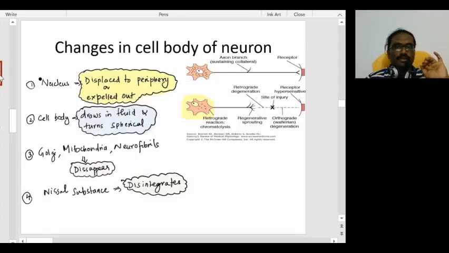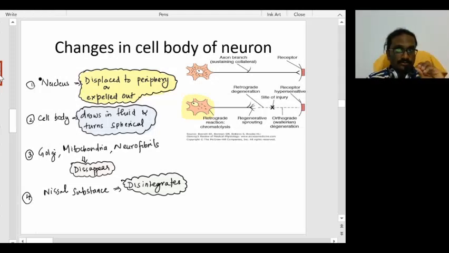Now let's see what are the changes that you see in the cell body. Mind you that when I'm talking about the cell body of a neuron, I am talking about a different aspect. What I have been telling so far is actually part of retrograde degeneration, right?